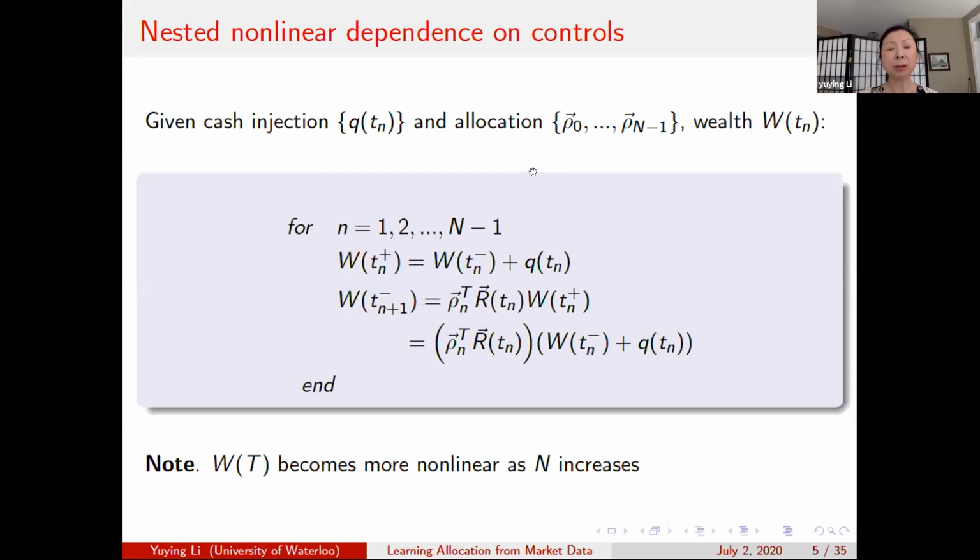You can easily appreciate this when we look at how our wealth is going to accumulate over time: the more rebalancing times you have, the more non-linearly your final wealth will depend on the controls at previous time periods. So as an optimization problem, looking at the objective function, this is not an easy problem to solve, because of the non-convexity and the increasing non-linearity when you're looking at 30 or 40 years of time horizon.